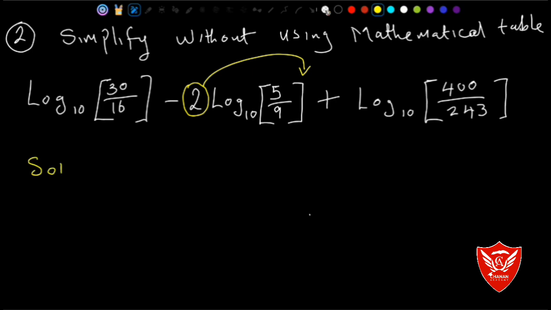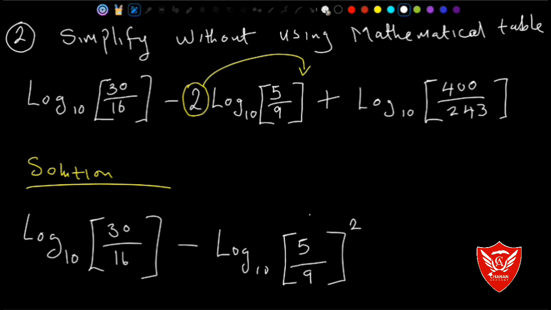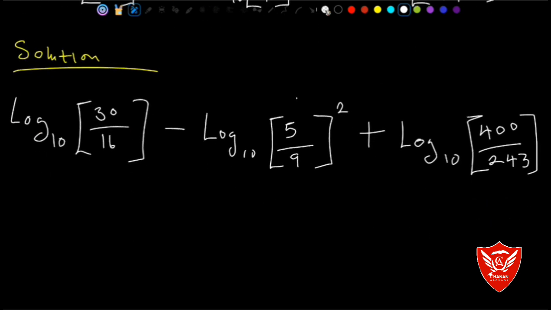We are going to have log base 10 of 30 over 16, minus the log base 10 of 5 over 9 all raised to the power of 2, plus the log of base 10 of 400 over 243. Now, since we have this, the next thing we need to do is to simplify.